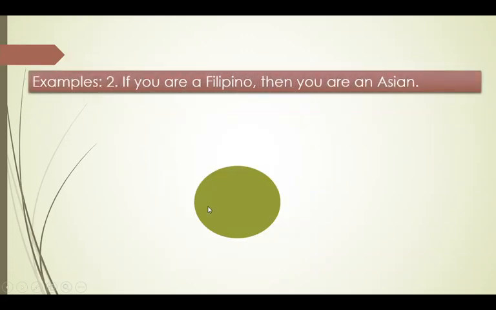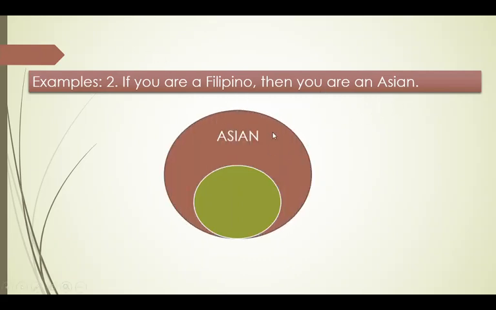Let us have another example, number 2. If you are a Filipino, kung ikaw daw ay isang Filipino, then you are an Asian. So if you have two circles, alin kaya yung nasa malaking bilog at alin yung nasa maliit? So since if you are a Filipino, then you are an Asian, ibig sabihin, yung nasa malaking bilog natin is Asian because a Filipino is an Asian.